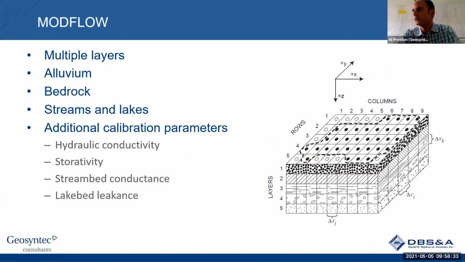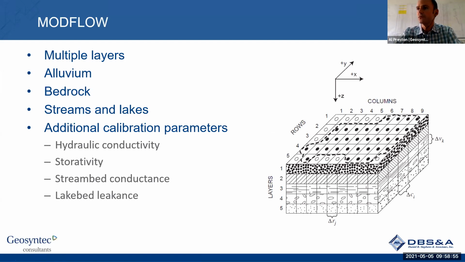Moving on to MODFLOW. MODFLOW has been around for many decades. So typically you take your groundwater basins, and in our case also bedrock. You divide them into different zones of alluvium and bedrock, and you split them up into cells, and you can solve the groundwater flow equations in 3 dimensions.